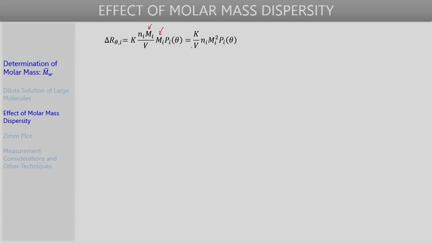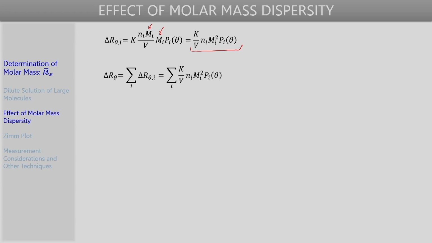So we can combine them, and the expression for the excess Rayleigh ratio becomes K over V Ni Mi square Pi(θ). Here K, as we recall, is the optical constant, V is the volume of the solution, Ni is the number of moles of polymer molecules having molar mass Mi, and Pi(θ) is the particle scattering factor of polymer molecules having molar mass Mi.